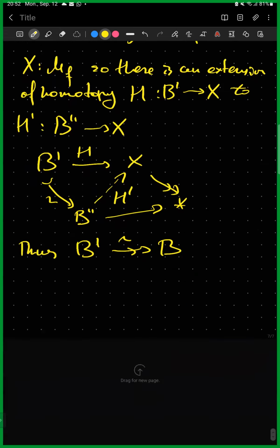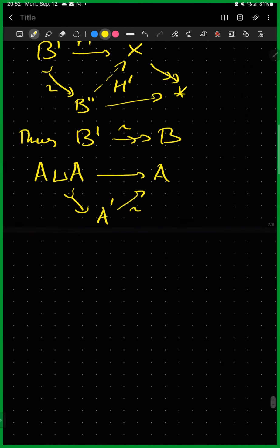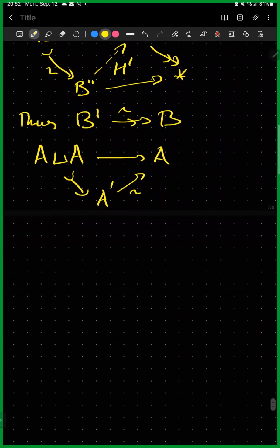Now, consider a cylinder for the object A. I have the folded map here. And we have some A prime here. We can find the lift in the following diagram.